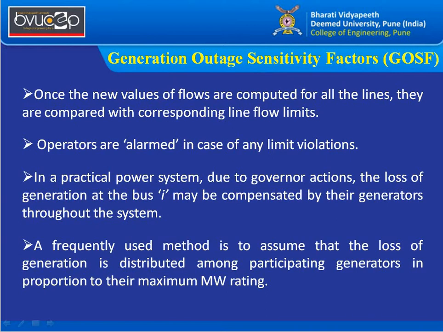A frequently used method is assumed: the loss of generation is distributed among participating generators in proportion to their megawatt rating. So depending on the capacity of generating electricity, the generation load is distributed along with their maximum megawatt rating, so that the demand is satisfied. This is how we can overcome the generation outage sensitivity factor.